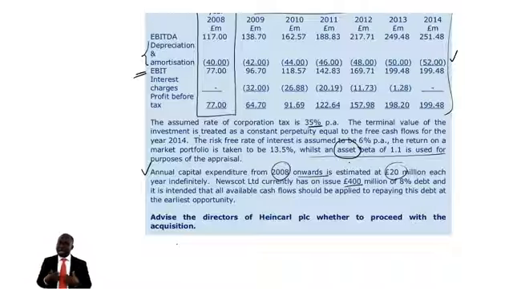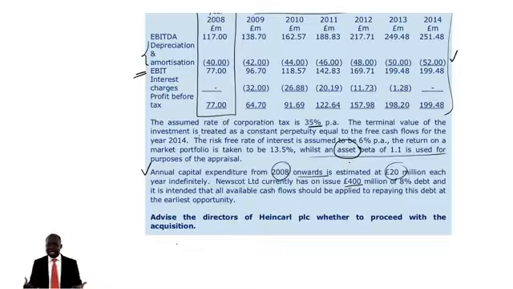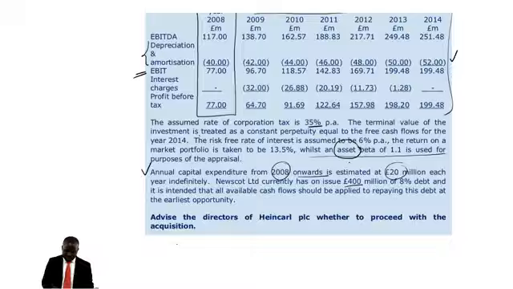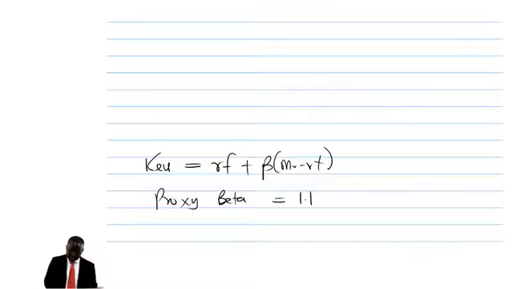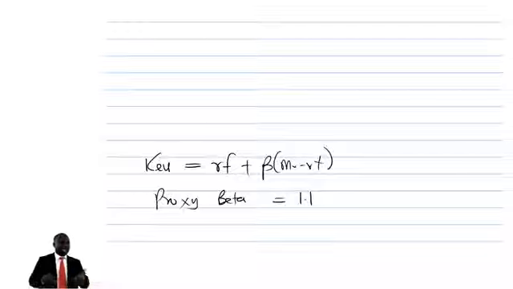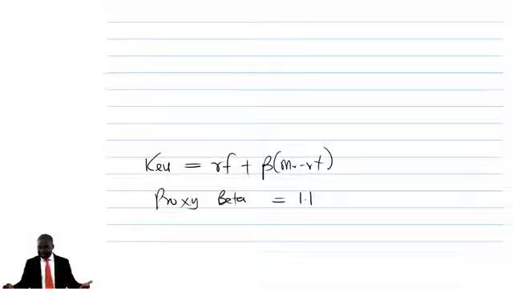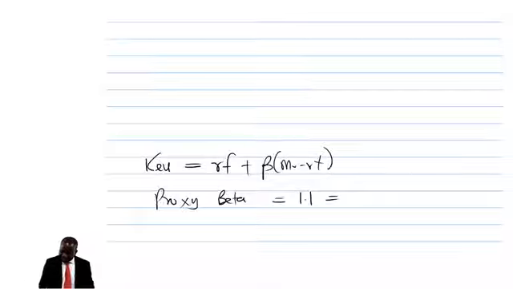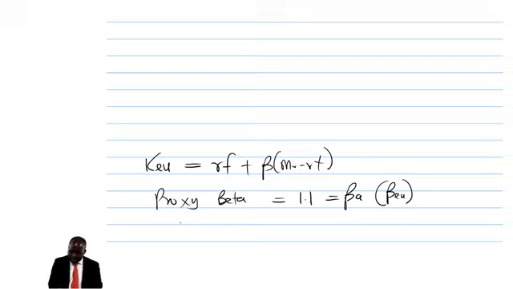So if the examiner had given me the ungeared beta, which is also called the asset beta, there is no need for me to ungear it, because he had ungeared it for me. So once this is the asset beta, or in other words, equity beta ungeared, no need for me to ungear. I have to put it in the CAPM formula to get the cost of equity.